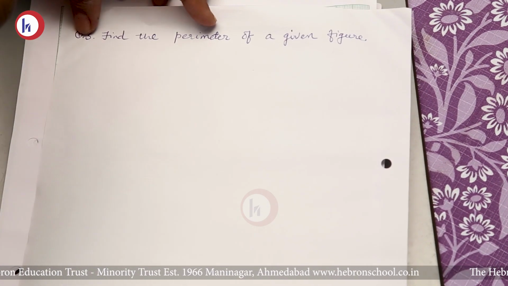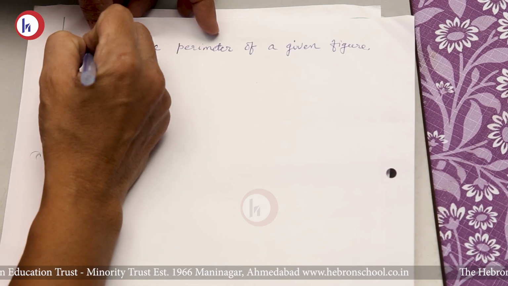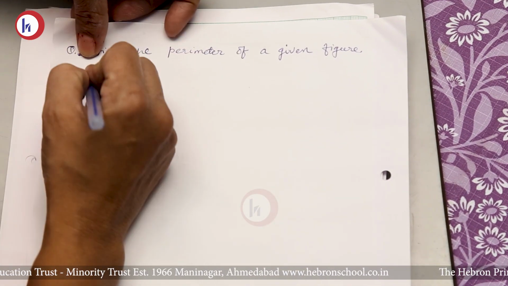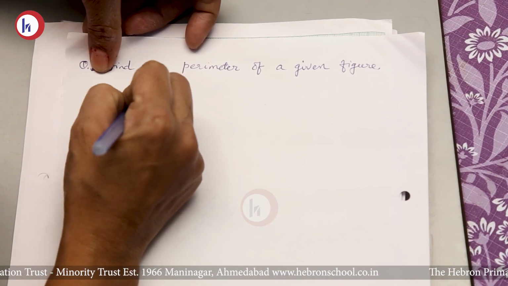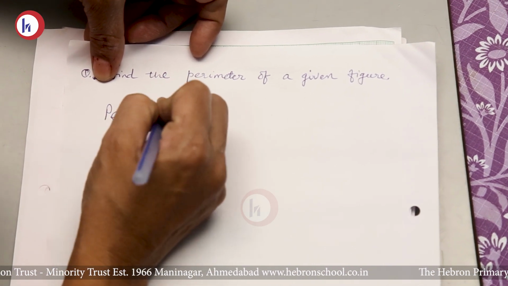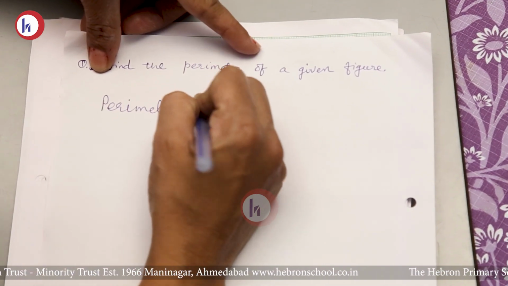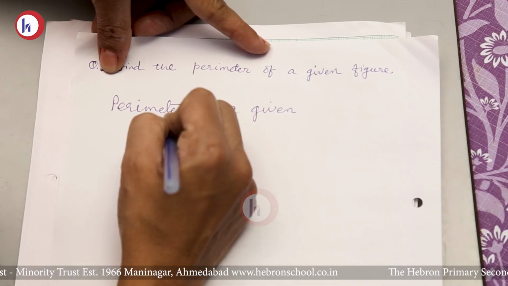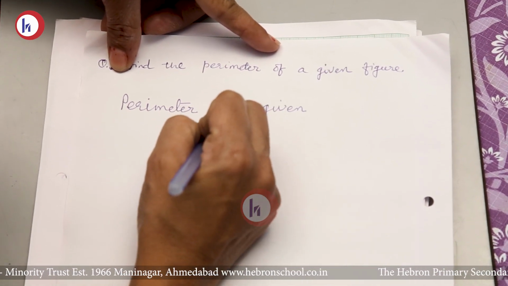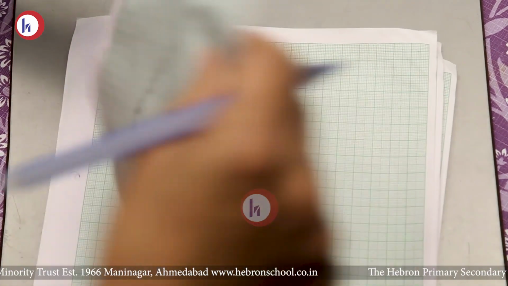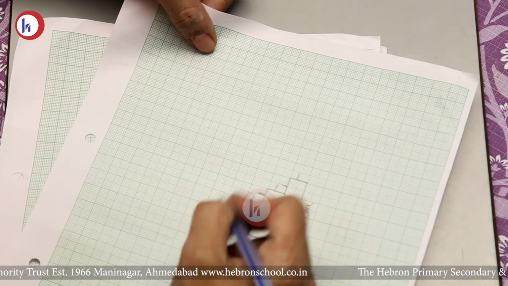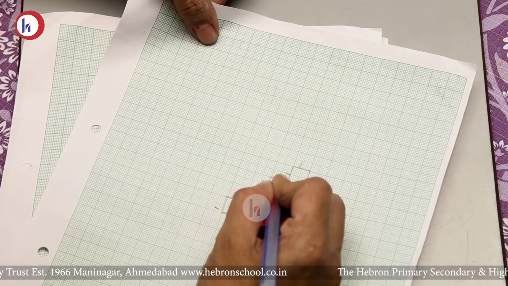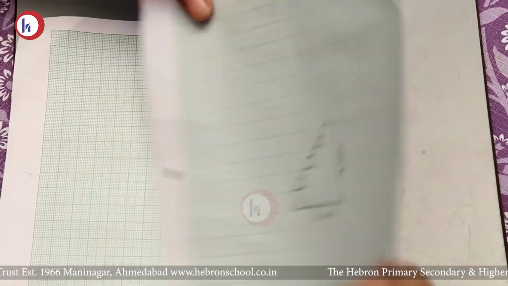See. Find the perimeter of a given figure. Perimeter of a given figure is equal to, see, all 1 you have to count. How many times it is 1? 1, 2, 3, 4, 5, 6, 7 and 8 times 1.